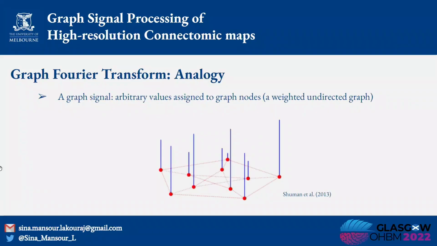Now, in a graph way of representing the signal, we have two components. Basically, we have a network, our graph, shown here in red, and then we have a signal that is basically some information that we have on top of our graph.